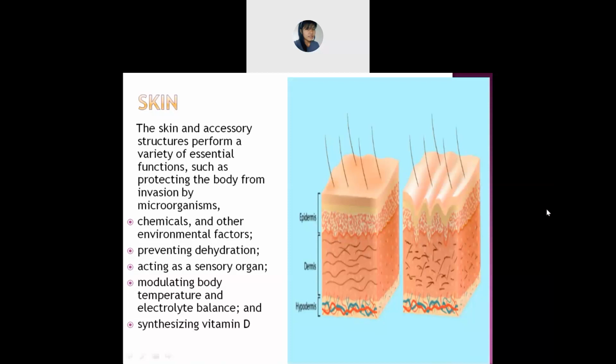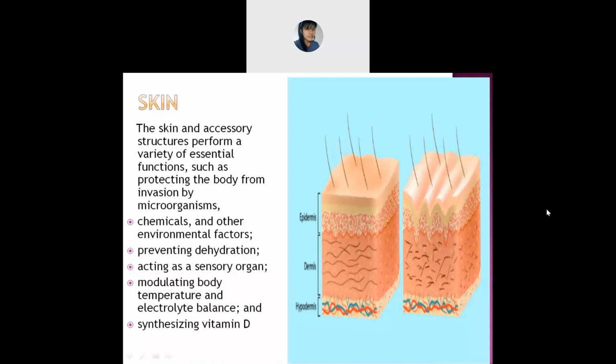With the help of the skin, not only as part of the sensory system, it also helps in protecting us. In what form do they protect us? They protect us from microorganisms which you can't see with your naked eye.